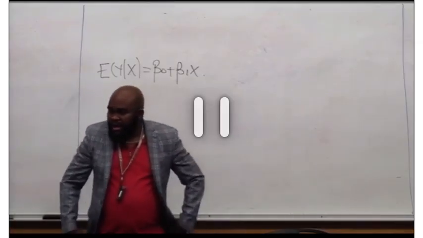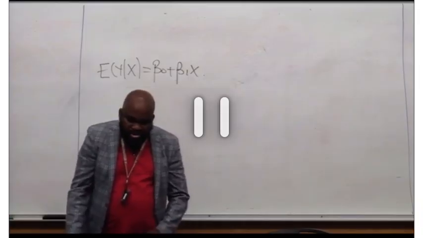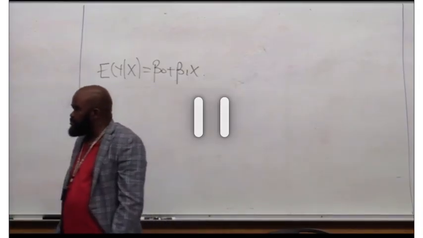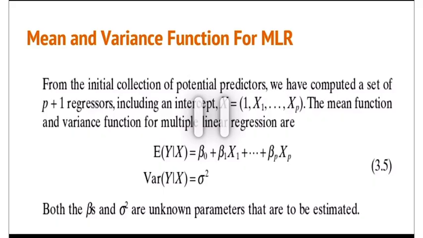Now remember, I also specified the variance function, but I wanted to take a look at 3.5. The 3.5 is an extended mean function. So if you take a look at what you have in 3.5, we are extending that to a situation whereby we have more than one explanatory variable. We've got x1, x2, up to xp.